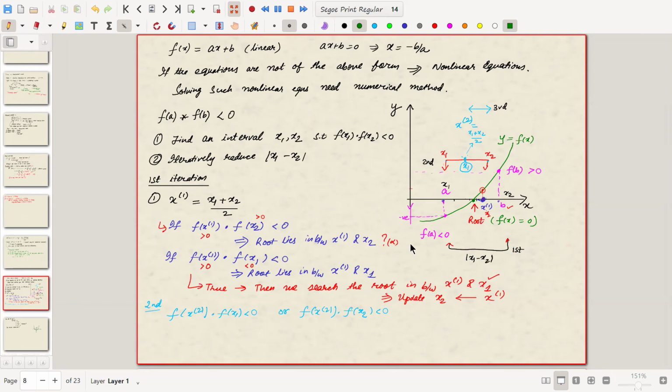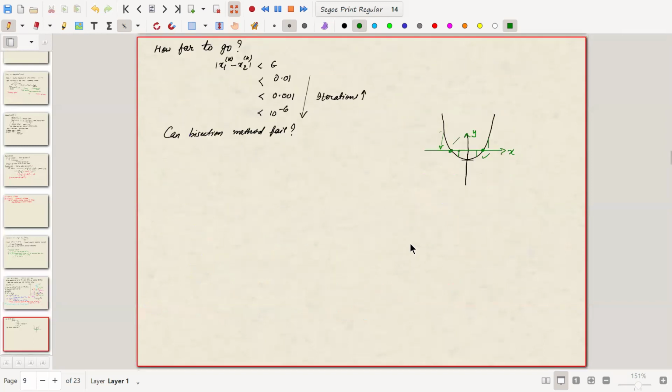Translate it or what? Yeah. So yes, that's why the tolerance is needed.